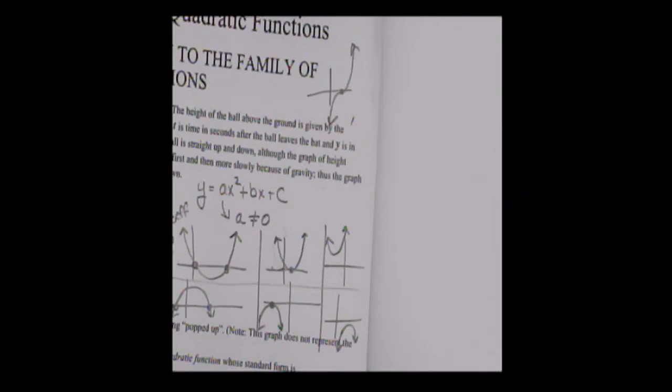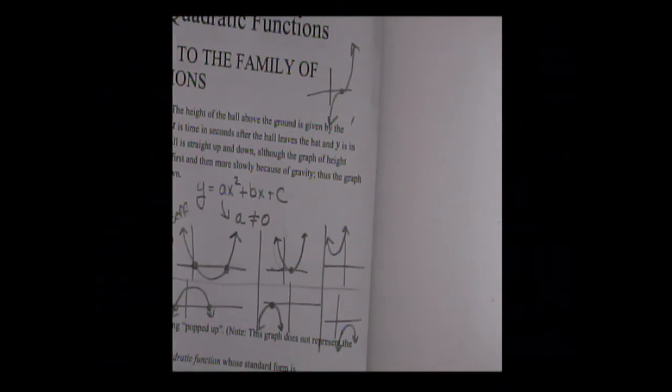If we went to our old cubic function, that's not always concave up or concave down, is it? It's concave down on the left side, and it's concave up on the right side. So a lot of functions change concavity, but quadratic functions don't. So again, there's our notation.